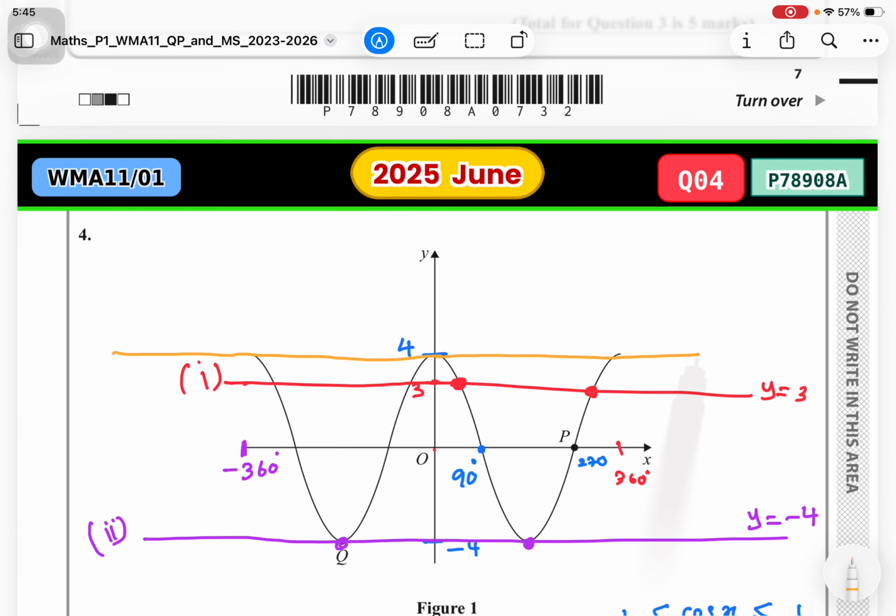So it would be this, which is y equals 4 for the Roman number 3. So the intersection points are this and this, and also there's a point right on top as well. These are the 3 intersection points.